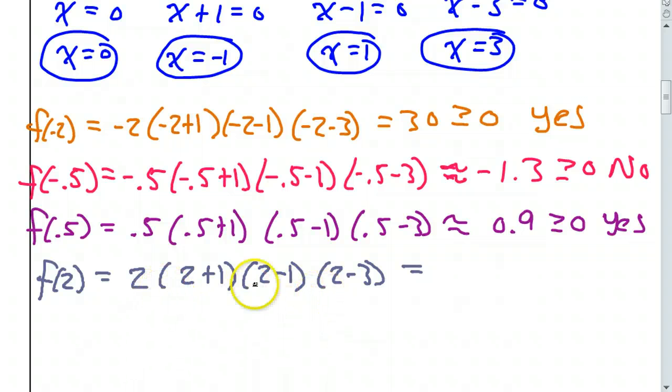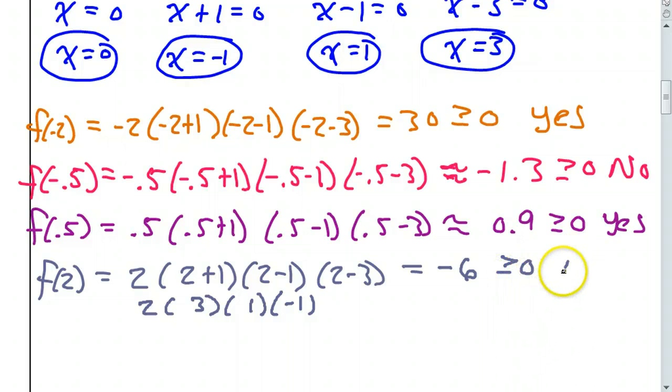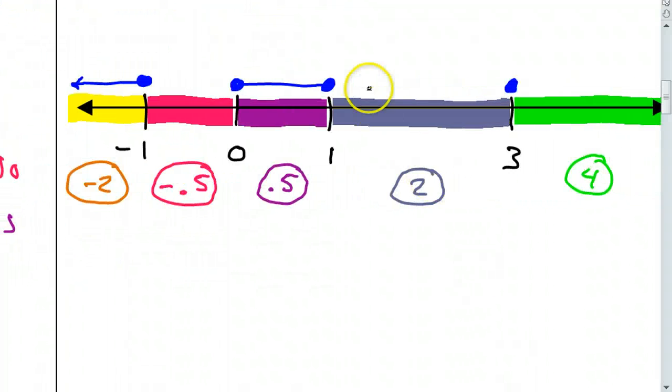Okay, you should definitely be able to do this without a calculator, because this would be like 3, and then 2 minus 1 is 1, and then that's negative 1. Okay, so I've got 6, and then the negative 1 makes this negative 6. So is that greater than or equal to 0? No, it is not. Okay, that means this gray zone has no solutions.